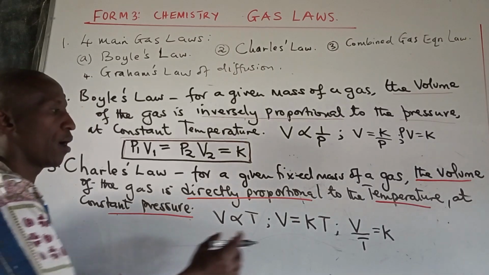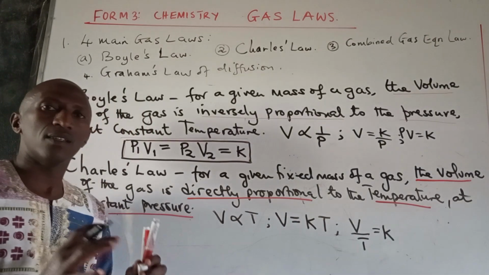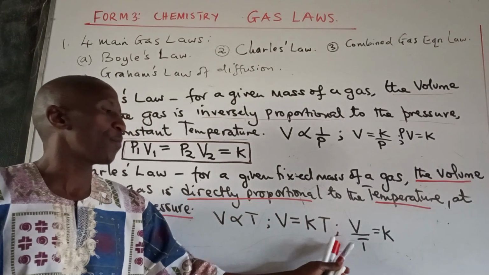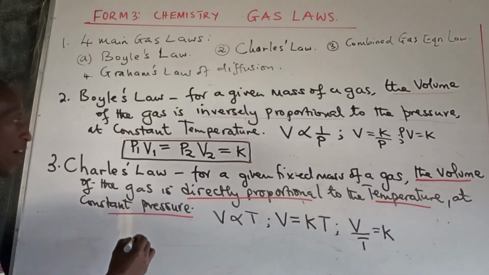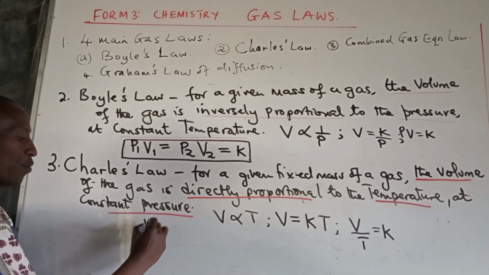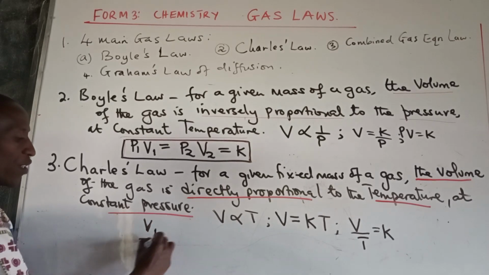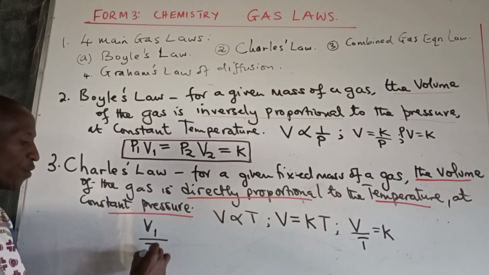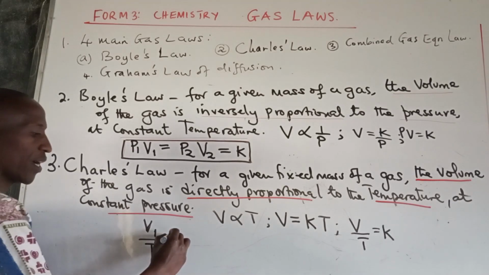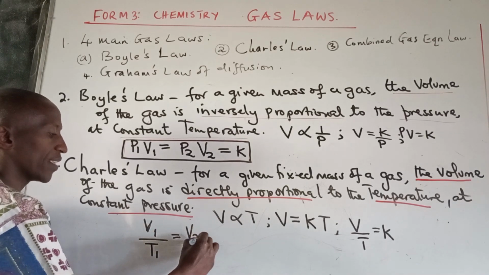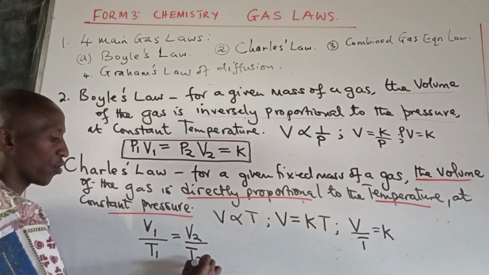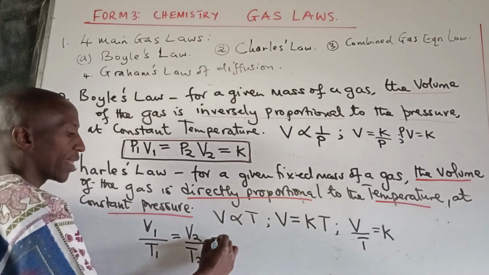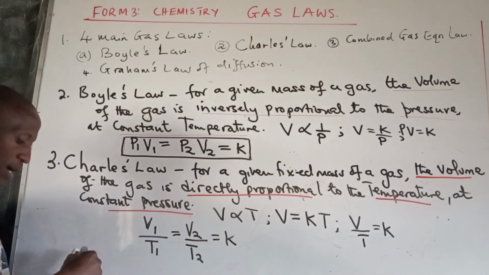And now, since the conditions of volume and temperature can change from condition 1 to 2, we shall have V1 over T1, the first condition of volume over the first condition of temperature, being equal to V2 over T2, the second condition of volume over the second condition of temperature, and that is all constant.